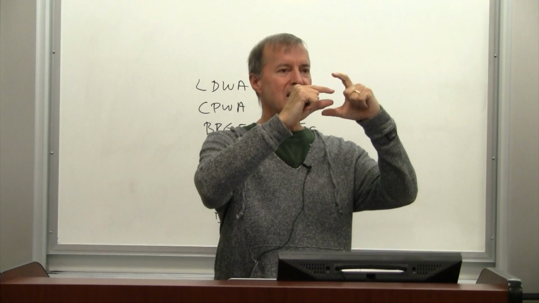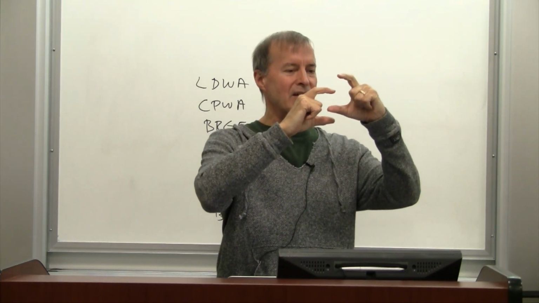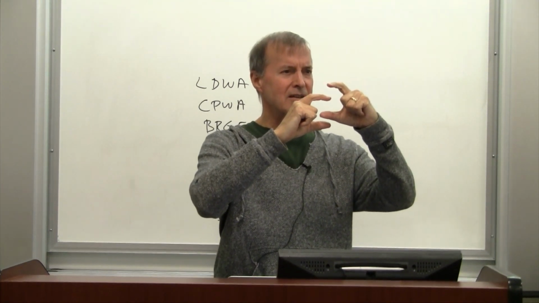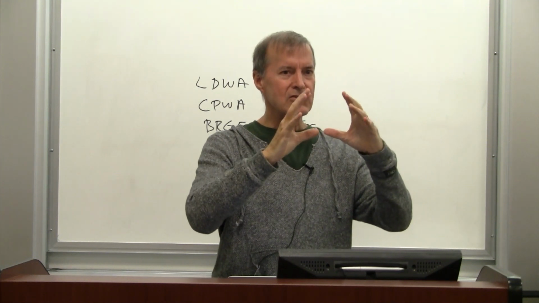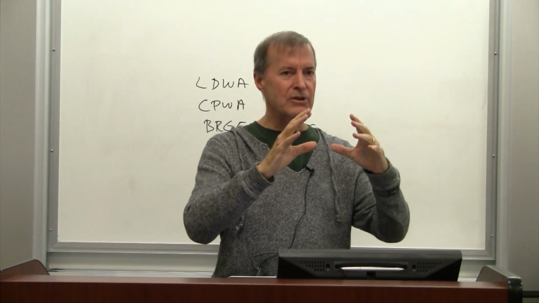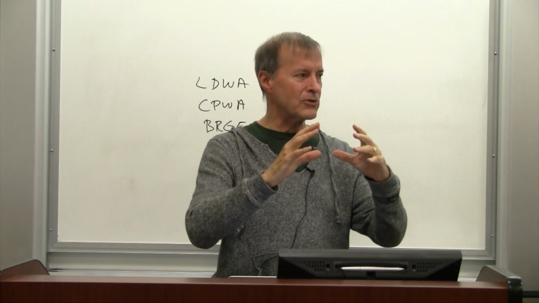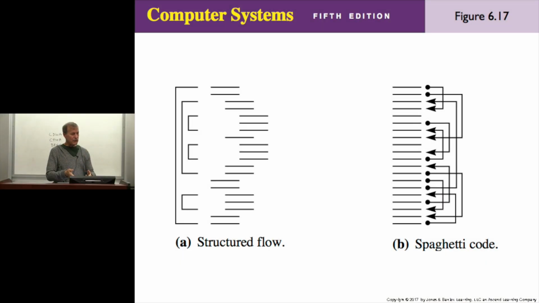You can have an if inside of a loop or a loop inside of an if, but you can't have it like this. Do you see what we're saying? So that means that there are limits as to how you can structure your flow of control. And if you're limited to just if statements and loops and just sequential, that's called structured flow. Otherwise, it's called spaghetti code.